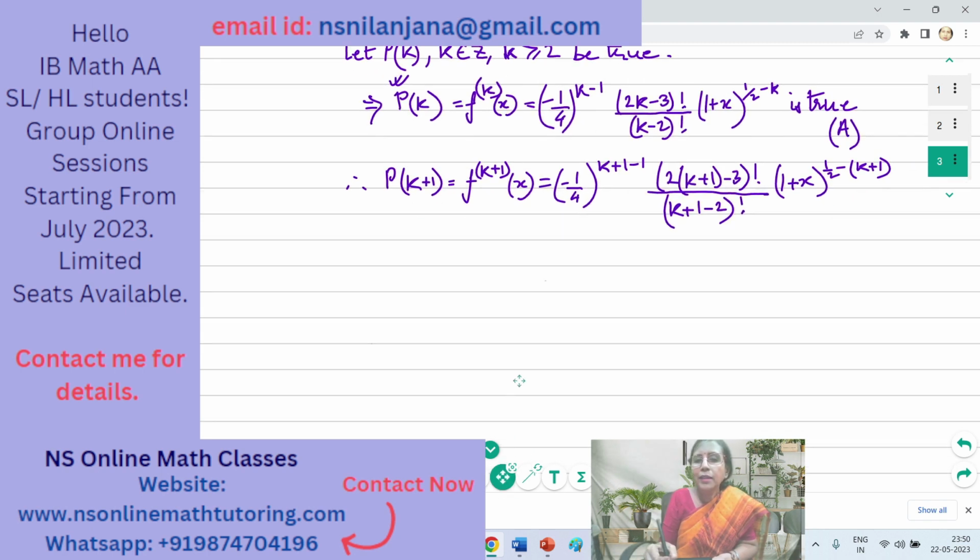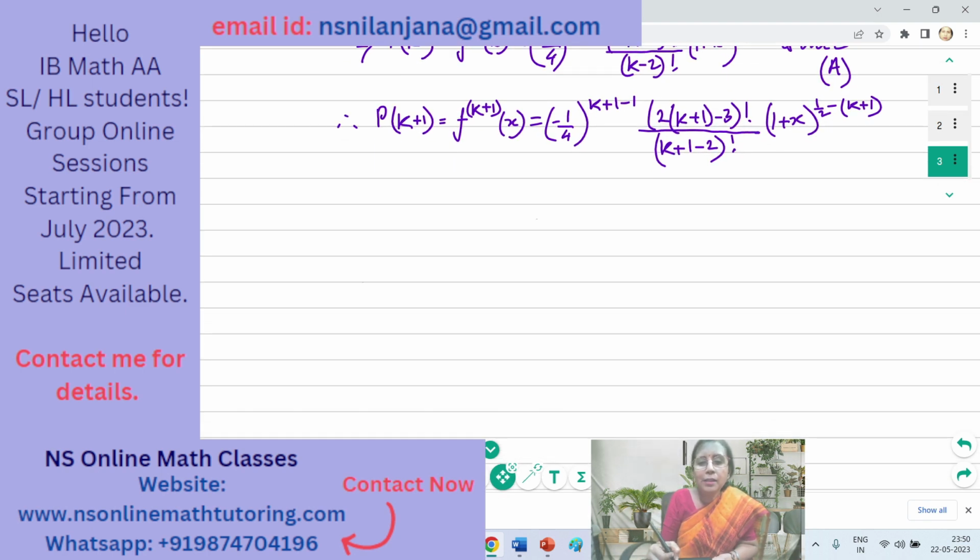So let us just simplify this a little. This will be equal to negative 1 over 4 raised to k plus 1 minus 1, which is k. And this is 2k plus 2 minus 3. 2 minus 3 is minus 1.